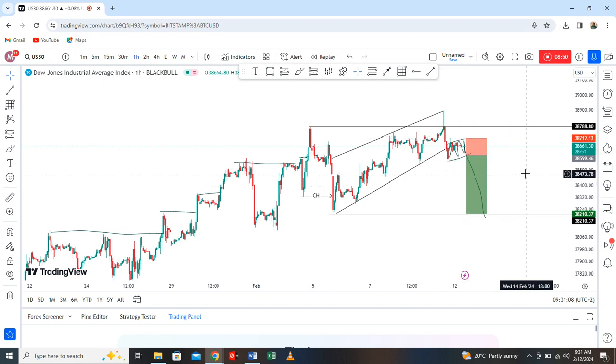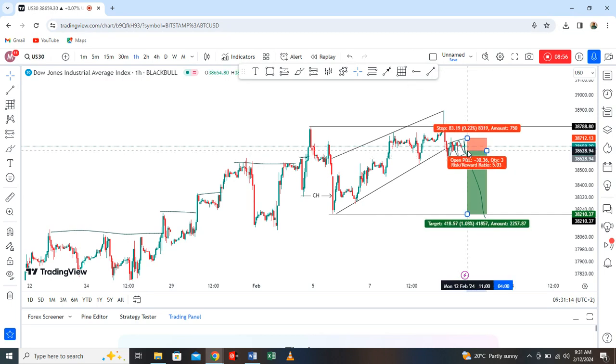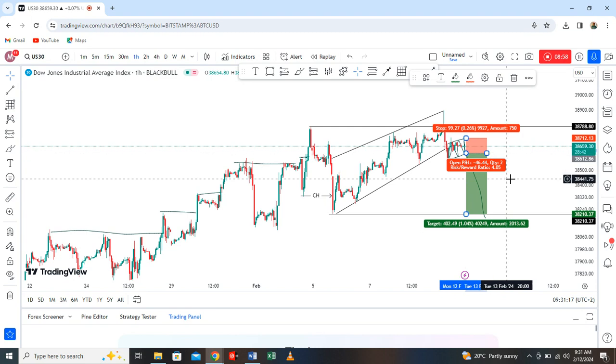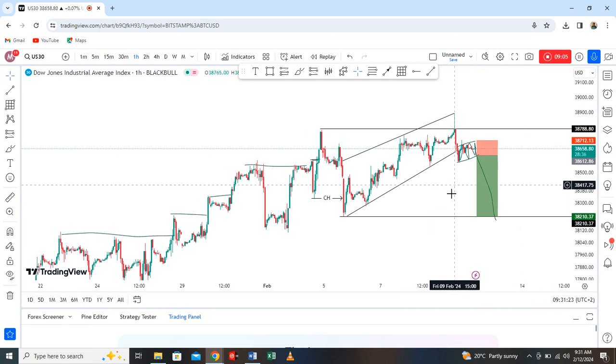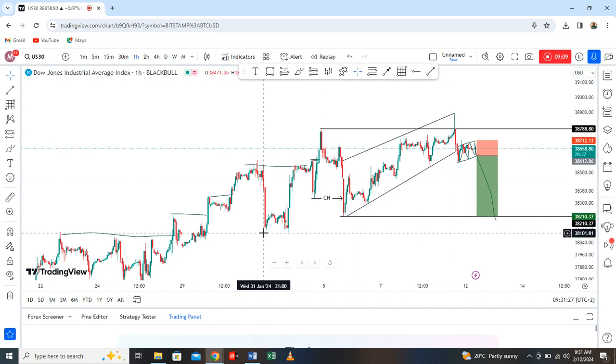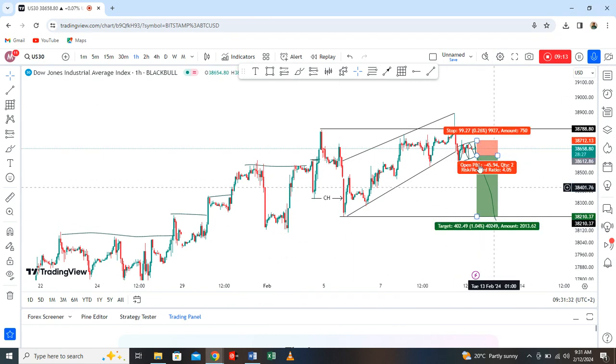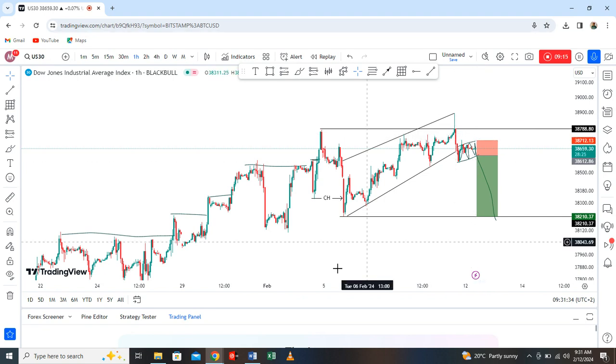So the ratio is 1:3. But remember that the price hasn't printed those things that we are looking for yet. So maybe it might amount to a nice risk to reward ratio after the price has created this right shoulder here. But remember that we're taking a reduced risk entry here rather than the risk entry at the top.